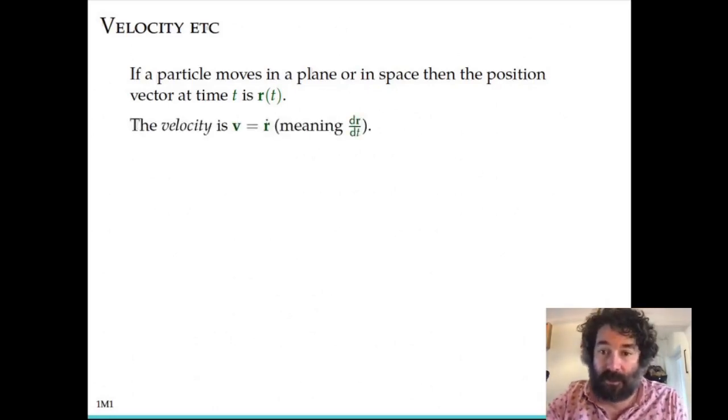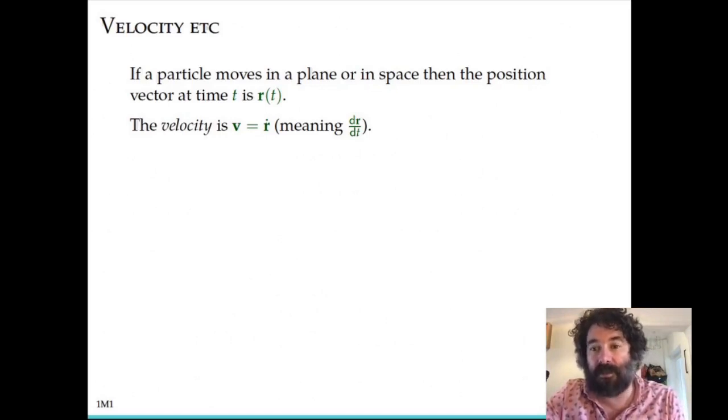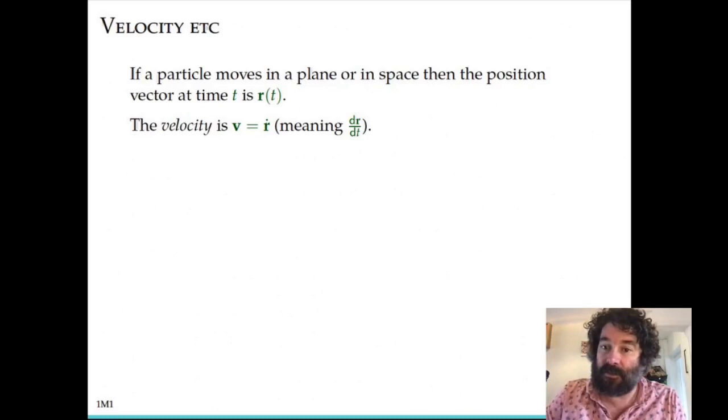The velocity of a particle is the derivative of this position vector. When we take the derivative of a vector, what we mean is that we differentiate each of the components separately. So dr/dt, the derivative of r with respect to t, is given by differentiating each of the components, and this is the velocity of the moving particle.